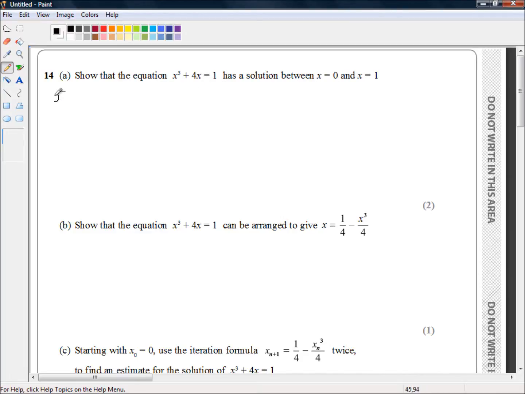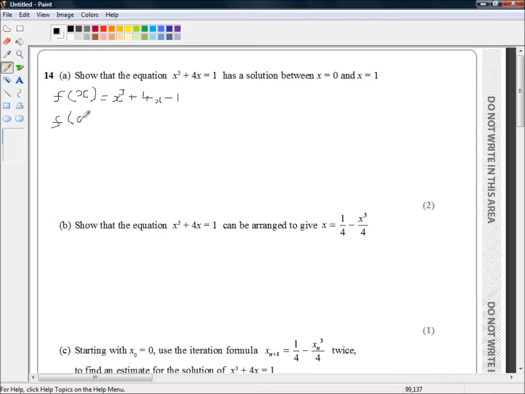I'm going to say f of x is equal to x cubed plus 4x minus 1. And then I'm going to see what happens when x equals 0.